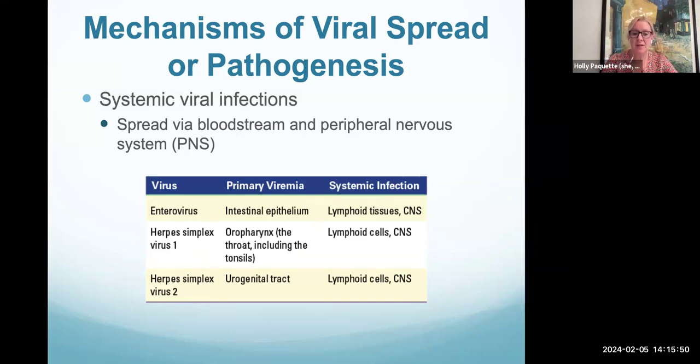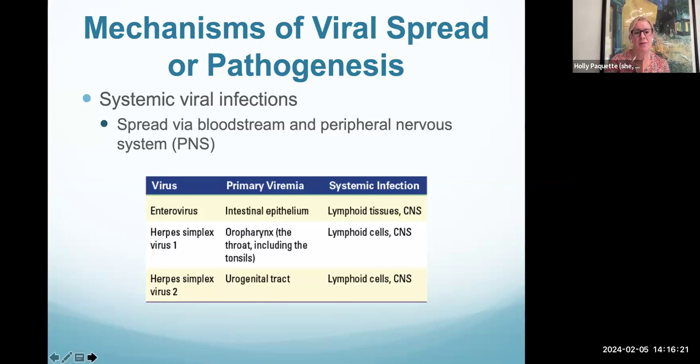This one is one that typically we get infected through the mouth, so the oropharynx in the throat, including the tonsils. And it can then go systemic through the lymphoid cells that are found in the tonsils and even get to the central nervous system. Herpes simplex virus 2, which generally we see as infection in the urogenital tract, also can then go into lymphoid cells and be spread throughout the central nervous system.